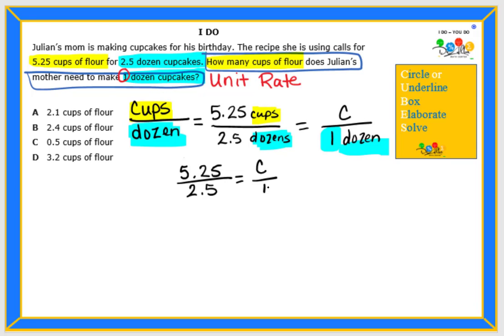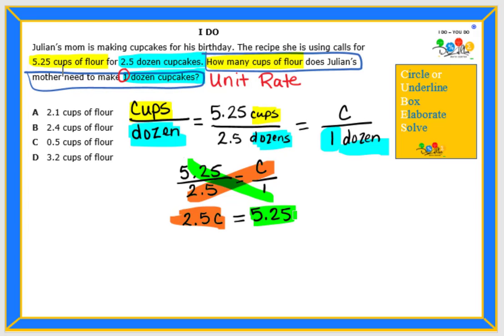So we can use our cross products. 2.5 times C is 2.5C equals 5.25 times 1, which is 5.25. So you see where I got that? Our cross products: 2.5 times C gave us 2.5C, and 5.25 times 1 gave us 5.25.